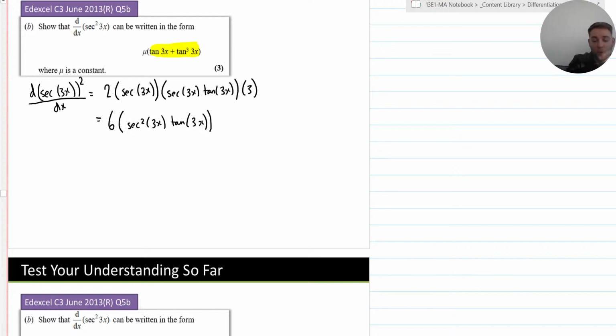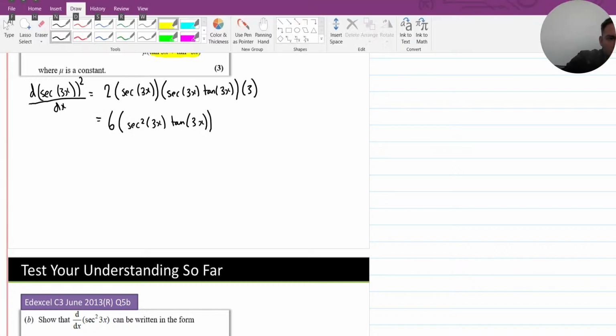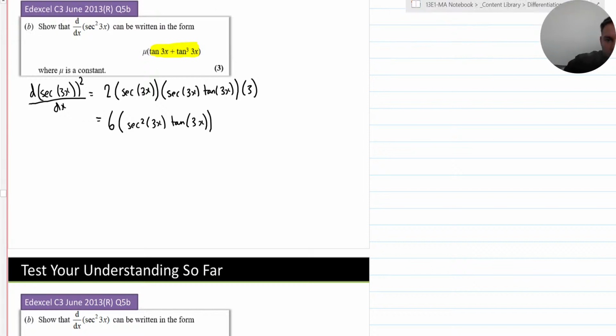And we know that there's a formula that links sec squared and tan, which is... Should have my formula book, shouldn't I? I'm going to write it. I always like to prove it anyway. So sine squared of x plus cos squared of x is equal to 1.